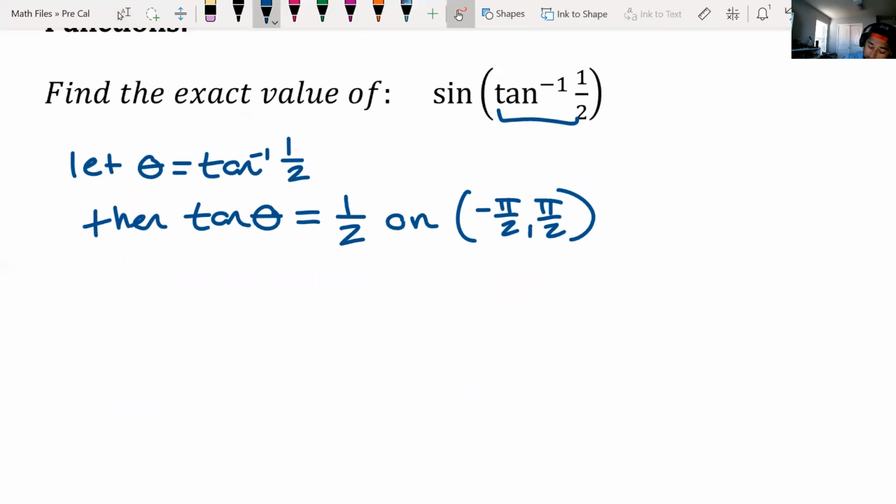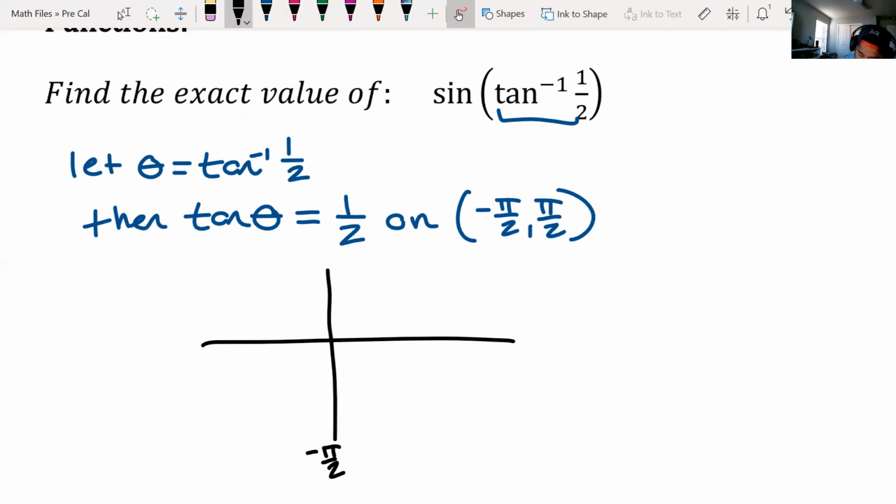So this means that now we are going to draw the unit circle where the inverse tangent function lives. Here's negative pi over 2, and here's pi over 2. Well, if tangent is positive 1/2, are we in the first or fourth quadrant? First. We are in the first. So here's where we're going to put theta.